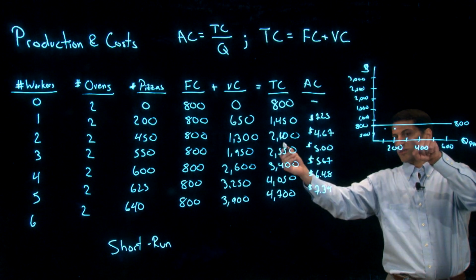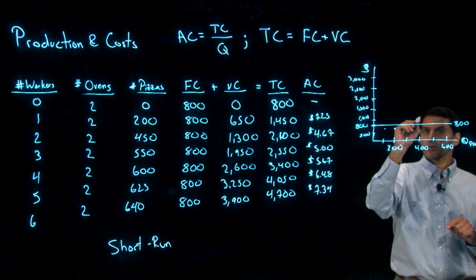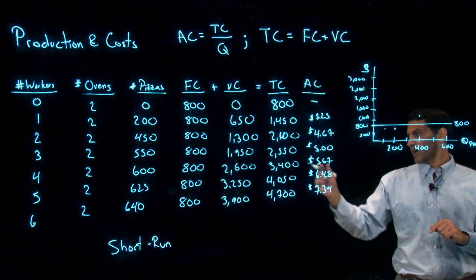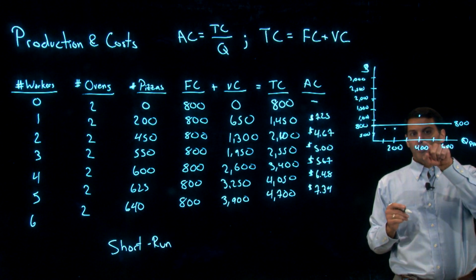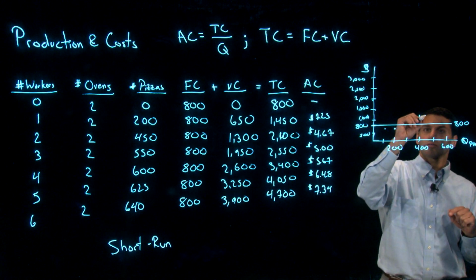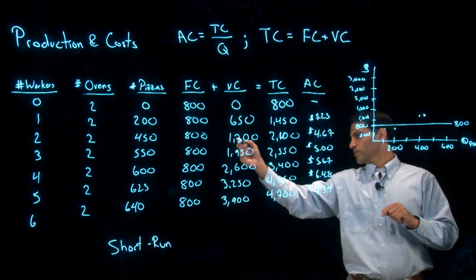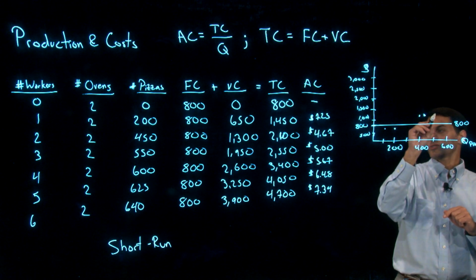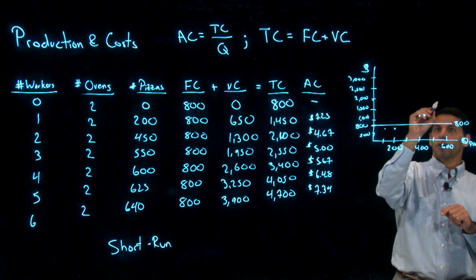My variable cost is now 1,300. Right? I add the third worker. Well, the number of pizzas only goes from 450 over here to 550, but now my variable cost is going up to 950.